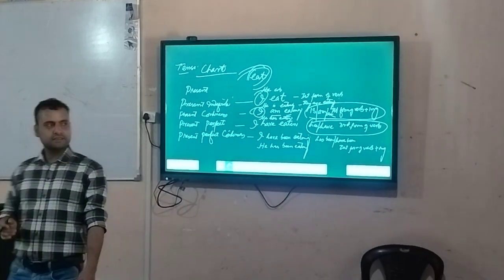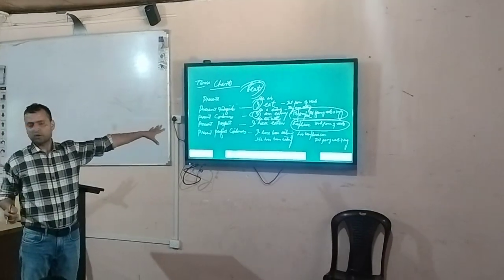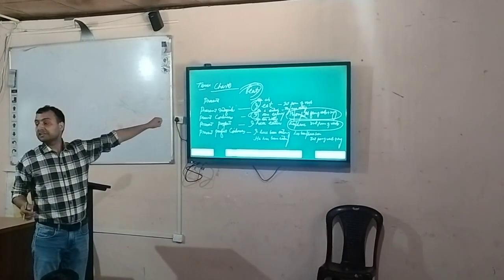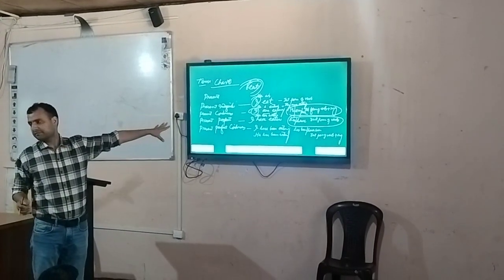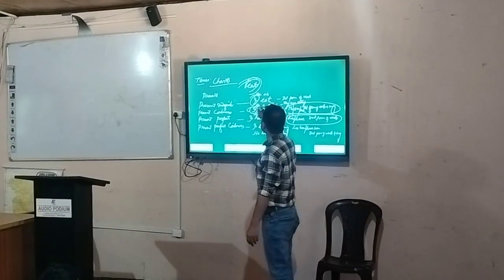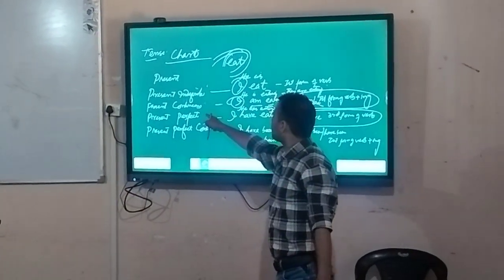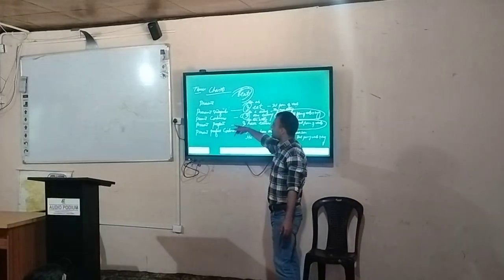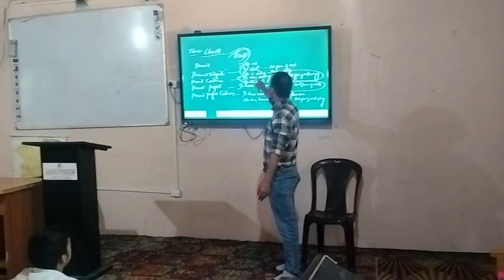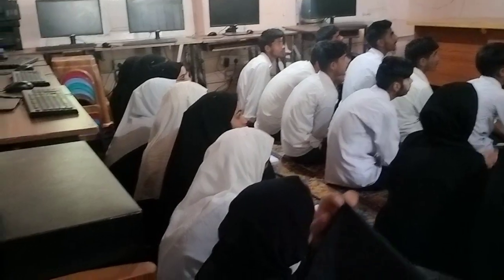This is the tense chart for present tense. If you talk of present indefinite, it's simply first form of verb. If we talk of present continuous, then we can say I am eating: is, am, are, first form of verb plus ing.